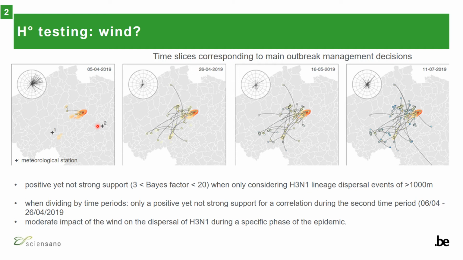When we subdivided this in time slices corresponding to the main outbreak management decisions, like for instance a standstill of transportation, we could see that this effect was limited to a specific period in the outbreak, and this is the period when most of the densely populated poultry area was reached. And so we can conclude for the wind that there is a moderate effect of the wind on the dispersal of this virus during a specific phase of the epidemic.